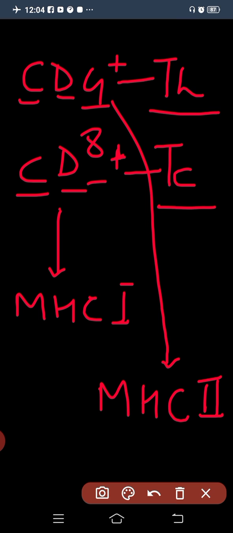Okay, so this is the brief. So for T cells and B cells having CD, here we mainly have to look at the clusters present on the T cell, the glycoproteins on the surface, that is CD4 plus and CD8. Okay, is it clear? Thank you.